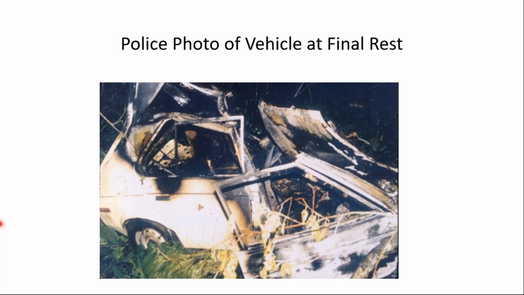The coroner investigation indicated that after the tree impact, apparently the victims were still alive, but the impact jammed the doors shut so that even if they were conscious, they wouldn't have been able to get out of the vehicle. And you can see the vehicle caught fire and they essentially burned to death in the vehicle. So a very sad case, and we had two tort claims as a result of that.